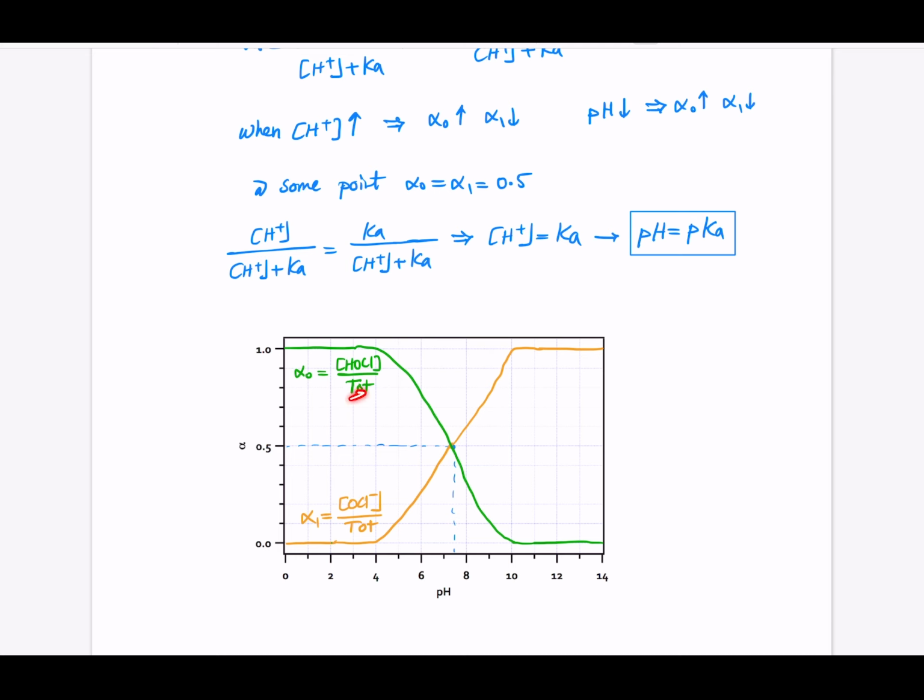Because this is basically a constant, alpha 1 is also OCl minus. So then you can quickly tell at a given pH, let's say 8, what is the concentration of the green, HOCl, and what's the concentration of the orange, which is OCl minus. Very quickly you can tell the ratio of the two.